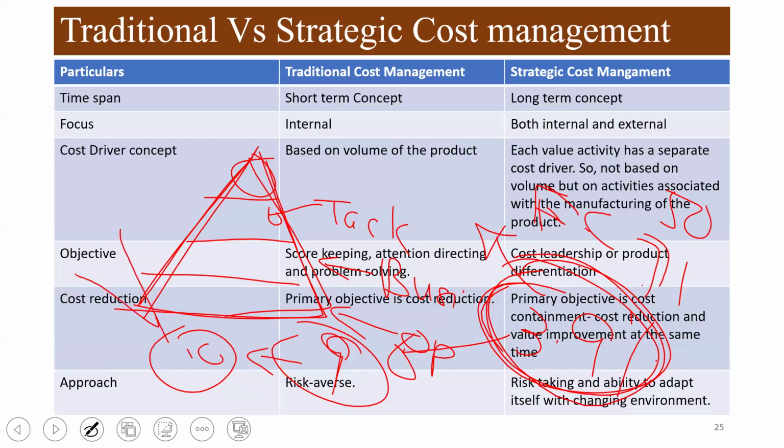So again, use the cost drivers. In strategic cost management, you use the cost drivers. Using cost drivers, there are different brands. They were asked to do analysis using the different brands and build the volumes, right?